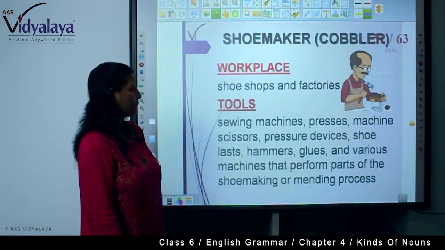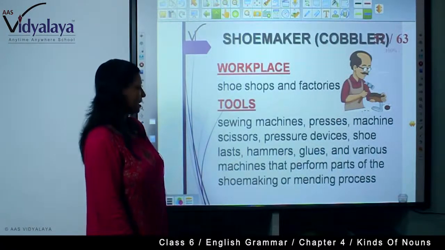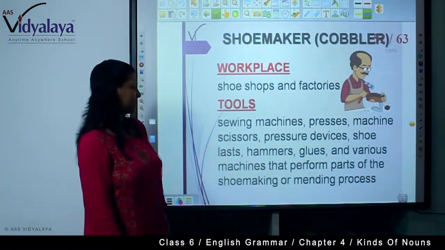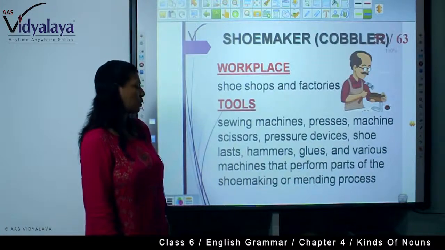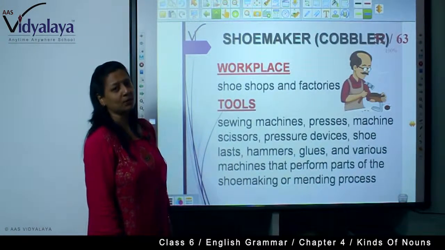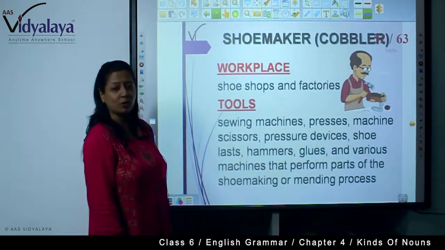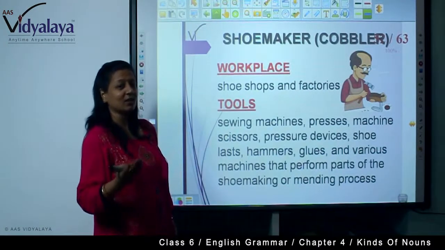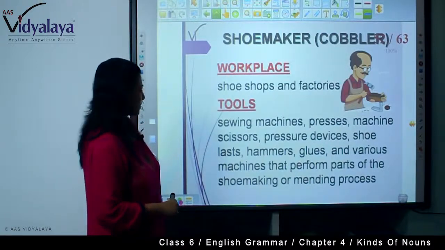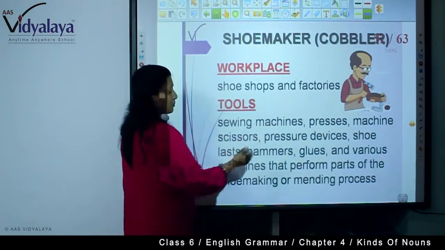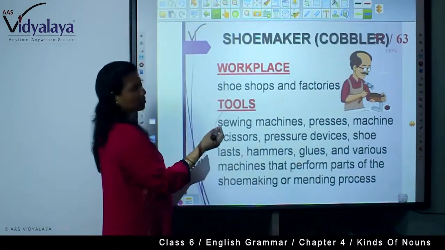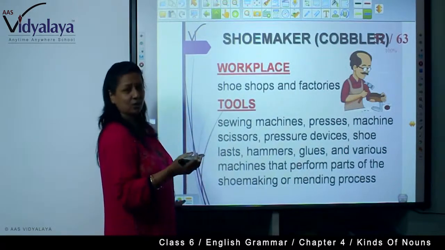Shaving machines, presses, machine scissors, pressure devices, shoe lasts, hammers, glues, and various machines that perform parts of the shoemaking or mending process. So next time when you go to a cobbler, please see all these tools are there. You can now recognize them by their names. You will have to learn everything so that you can understand the shoemaker, his workplace and tools.